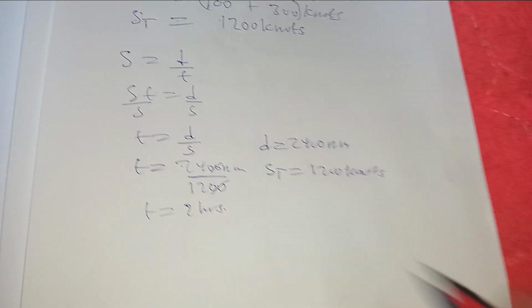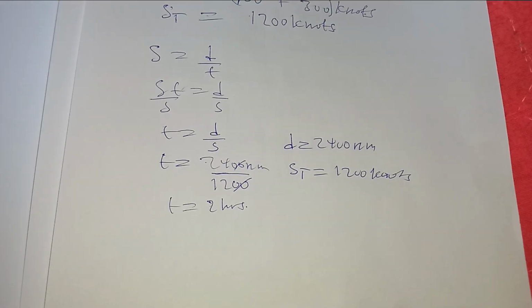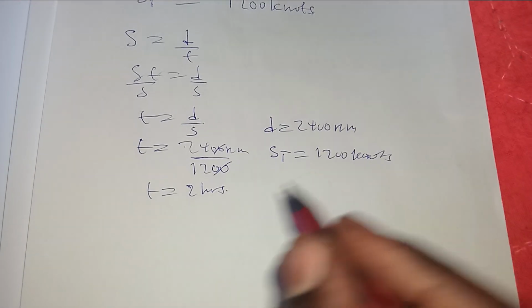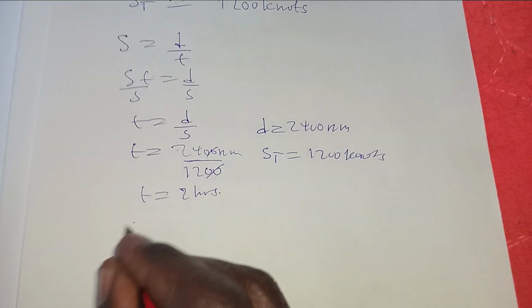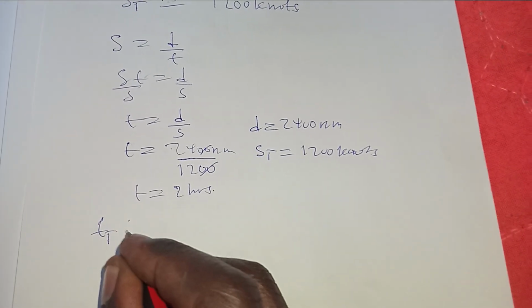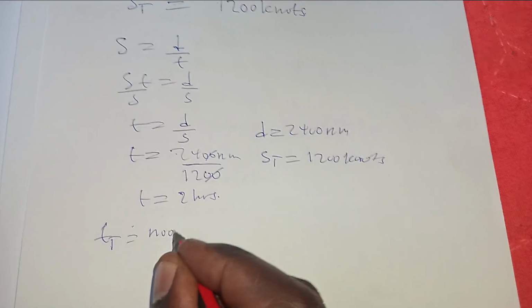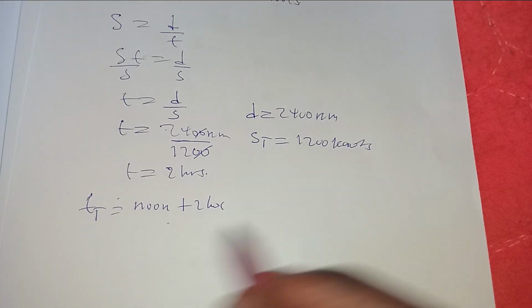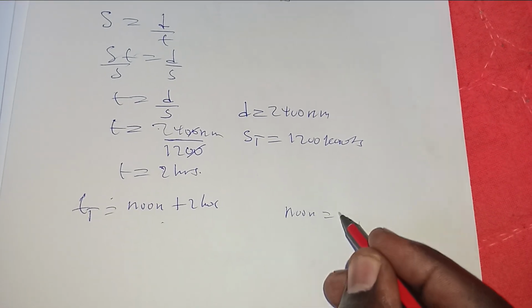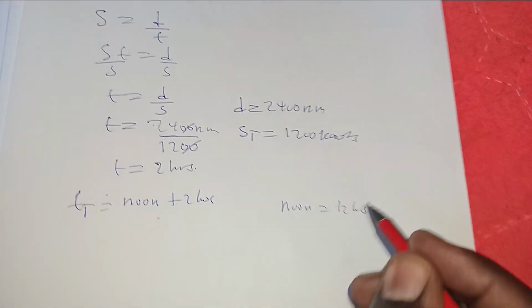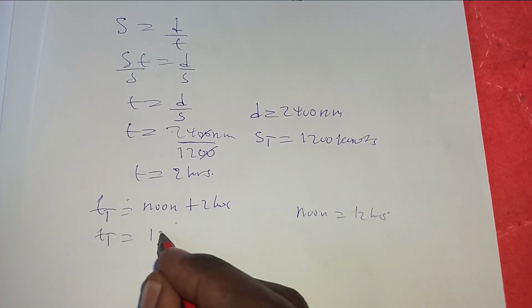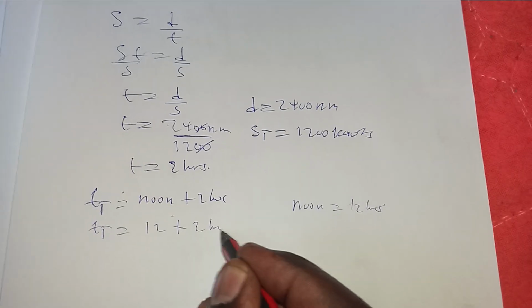Now, since it started at noon, and noon simply means 12 hours, the total time is equal to 12 hours plus 2 hours.